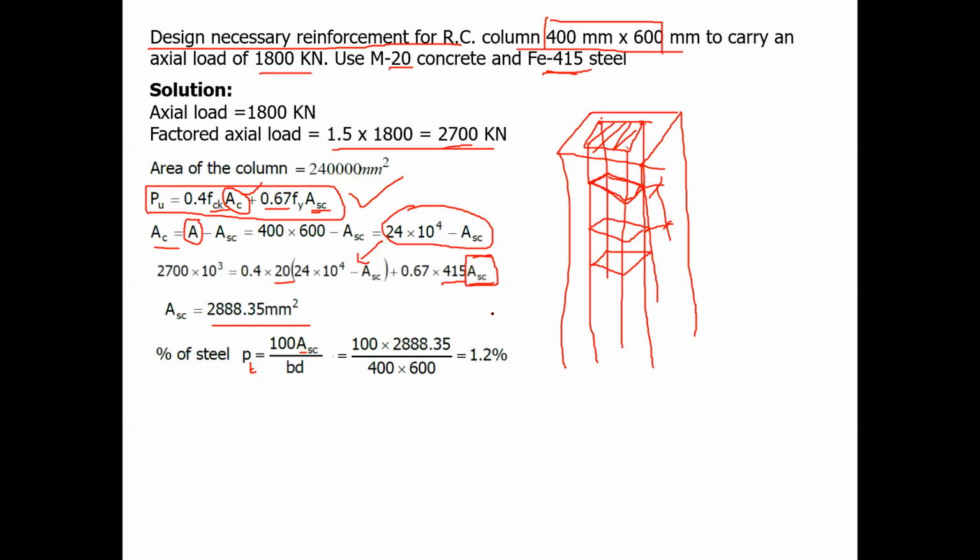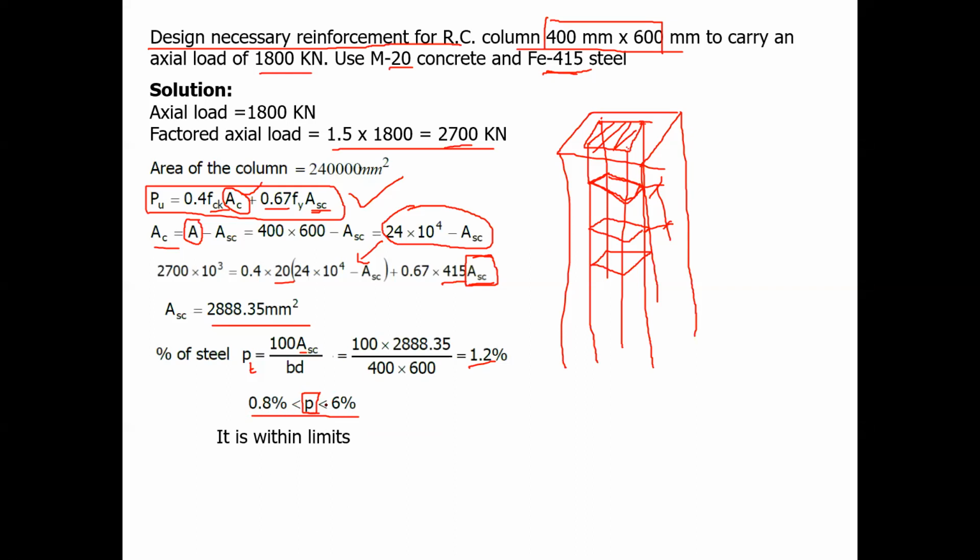So now you have to compare with the condition as per the Codal provision. So it is within the limit, right? So 1.2% is within the Codal provision limit. Take down. Therefore, it is within the limits.